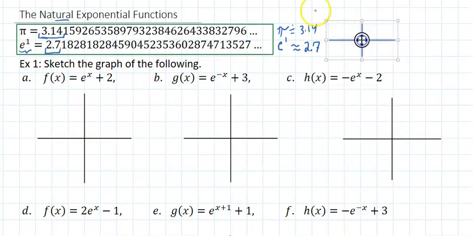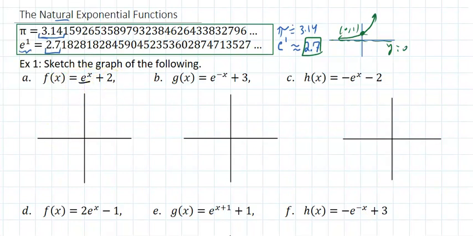Which means, if I wanted to sketch the graph of y equals e to the x, since the base is bigger than 1, it's exponential growth. It crosses at the point (0, 1), and the asymptote is y equals 0. So, sketch the graph of the following: 2.7 to the x plus 2.